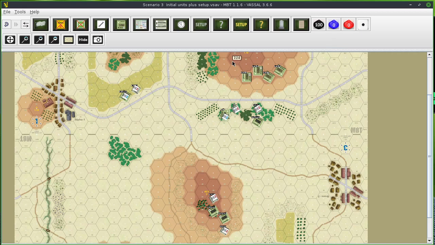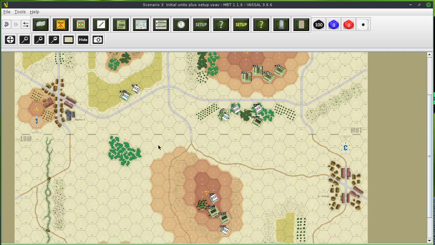If I take out the Soviet command vehicle, then they can do no more than half of their commands as short halts or movement. And since they're the ones on the offense, that's advantageous for the Americans. So that's the advantage of having units so far deployed forward. But I'm not going to do that.